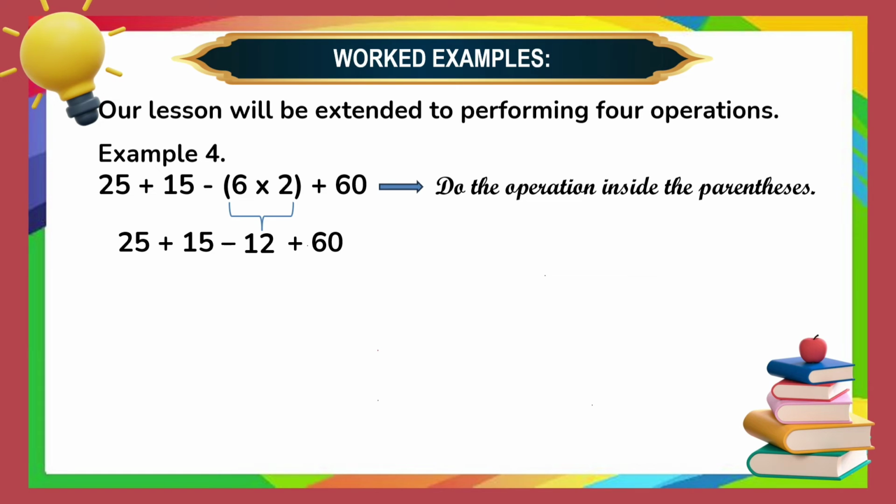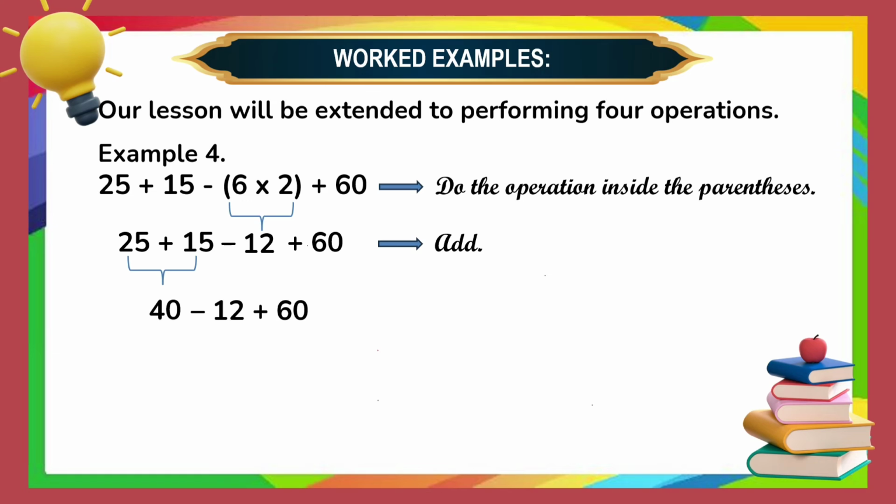And then we will do the addition first. Okay, 25 plus 15. Since we have no multiplication and division, we will proceed to addition from left going to the right. So 25 plus 15, the answer is 40. Bring down the rest of the digits.